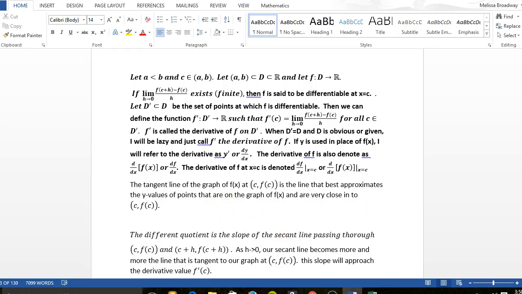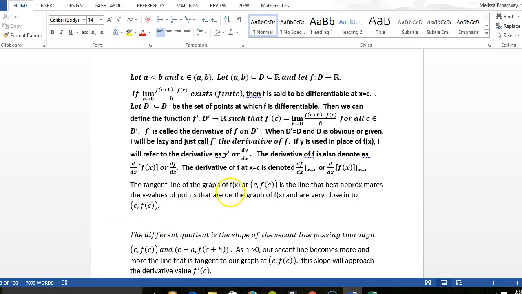So they're very, very near c, f of c. And I'm not really giving you a definition of what it means to be very close to, but I don't want to go into advanced calc. There is some sweeping under the rug that I'm doing, and I'm doing it on purpose here, okay?